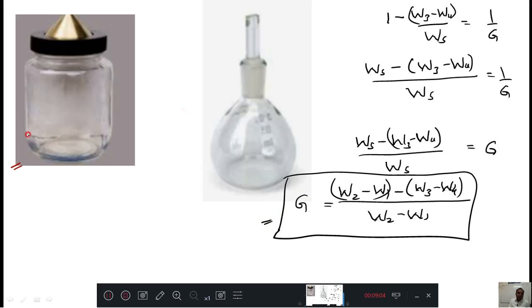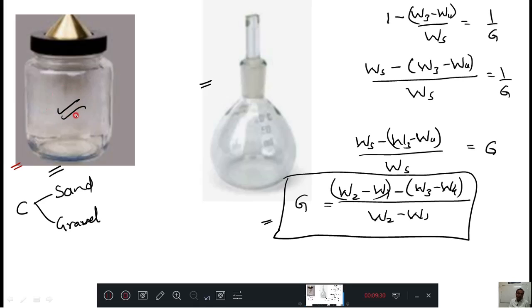Now I have included two photos here. This is a pycnometer, this is a density bottle. Why are these two there? When you perform the specific gravity test for coarse soil, either sand or gravel, use a pycnometer, because a large quantity is suggested by the Indian Standard.